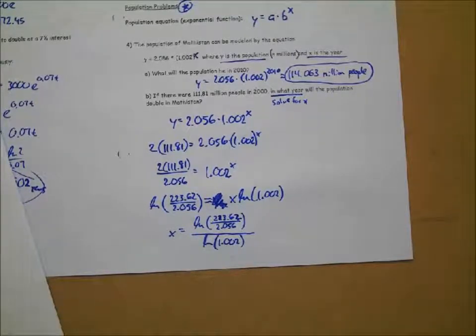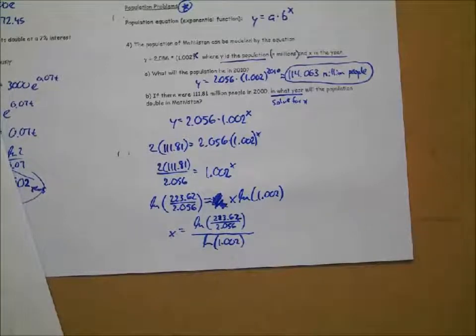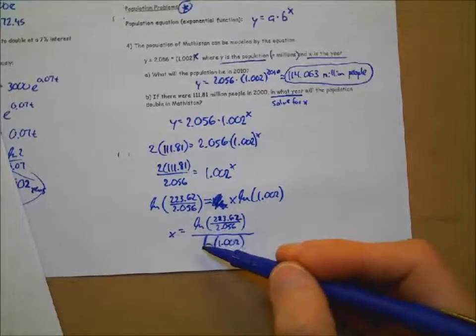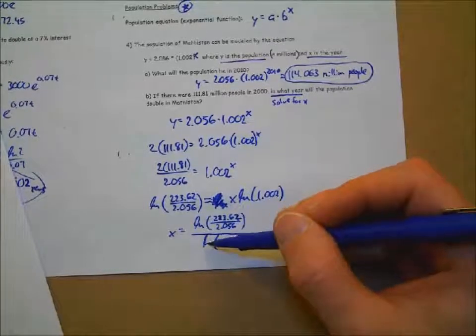Oh, I see, division between two logarithms. We can put that together, right? No, cannot. Division between two logarithms, there is no property. But when there's division inside a logarithm, that can be changed to what? Subtraction. So be careful here. Natural log divided by natural log, no simplification, just do it.